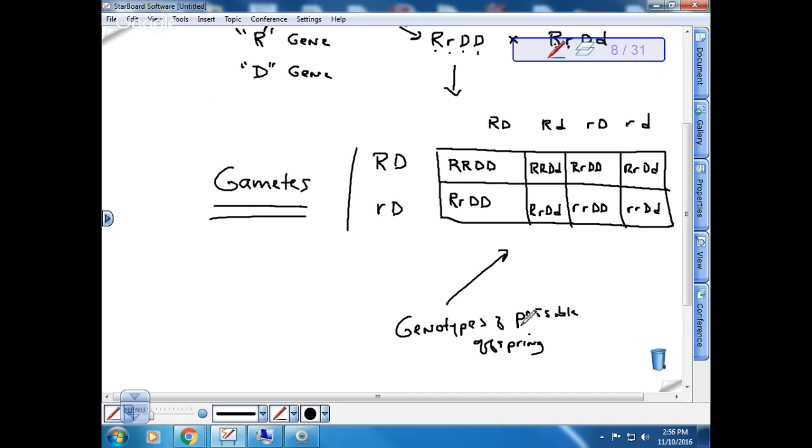Okay. Now the phenotype would be what they look like, right? And so most of them look like the parents. They have the ability to roll their tongue and they have dimples. But this one cannot roll their tongue, right? This one cannot roll their tongue, but they have dimples, right?